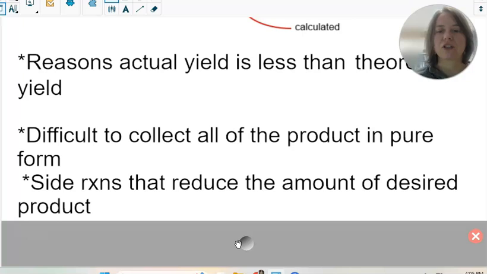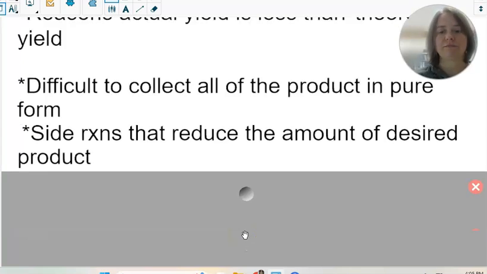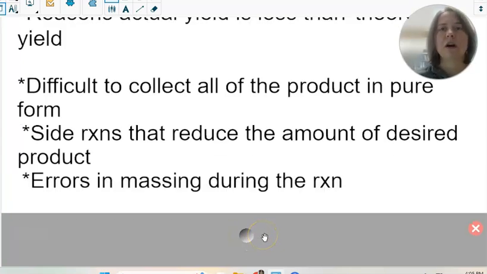So side reactions that reduce the amount of desired product. Maybe, like I said, some of that copper oxidized with oxygen in the air and got this undesired product, because we wanted just copper. Also, there are errors in massing during the reaction. Maybe you didn't quite mass out enough of the reactants or something like that.